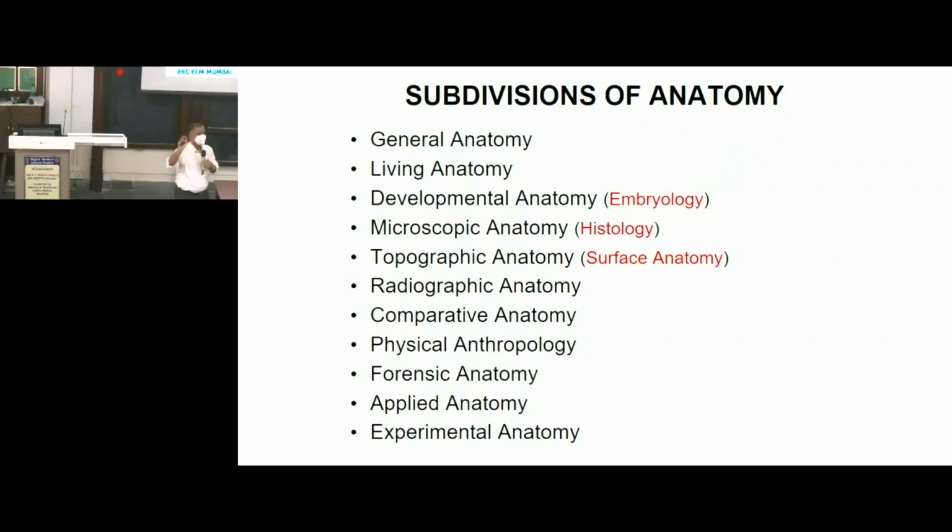Okay. Digital image, MRI from a living person, so that is living anatomy. Okay, what do you feel? Very good.